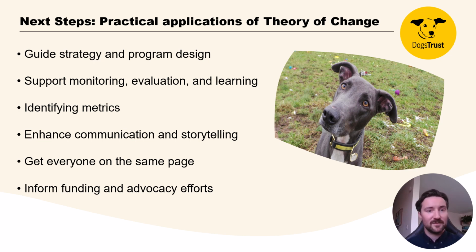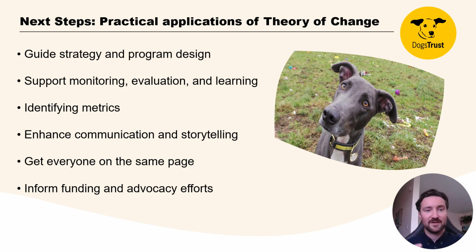You can use the theory of change to have that conversation that identifies the metrics that will lead to the best understanding of how your project's progressing. You can enhance your communication and storytelling, clearly articulating your impact pathways to funders, partners, supporters, and those working internally toward your goals.